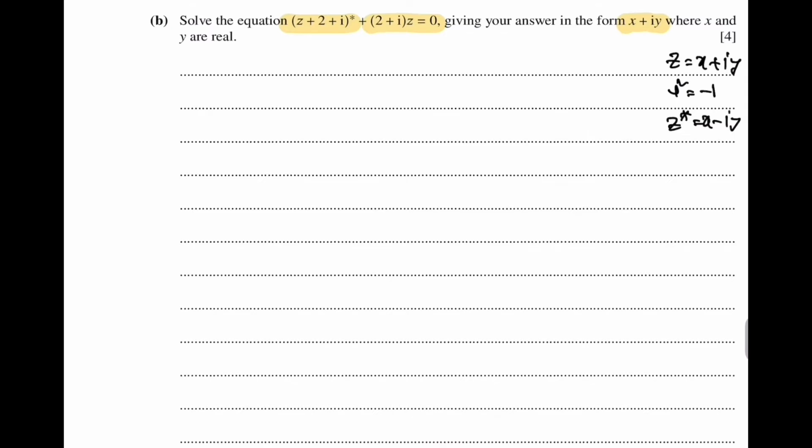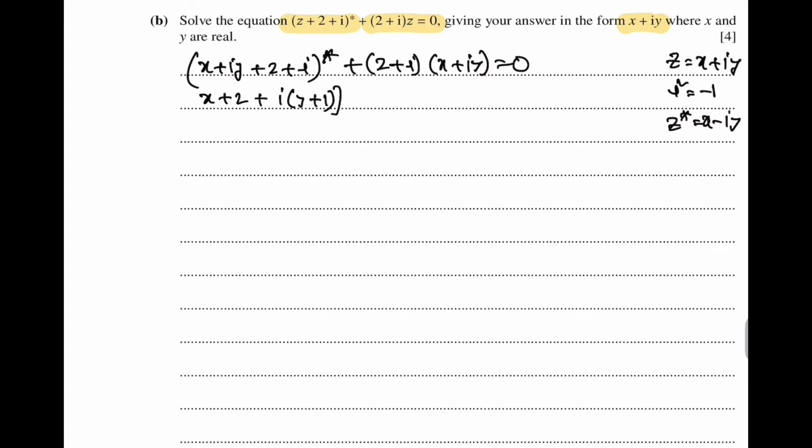z star, we know that it is x minus iy, plus 2 plus i, then plus 2 plus i times x plus iy equals 0. Arrange here real part and imaginary part. i can be common, y plus 1.